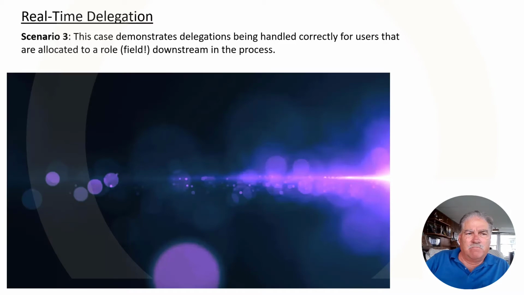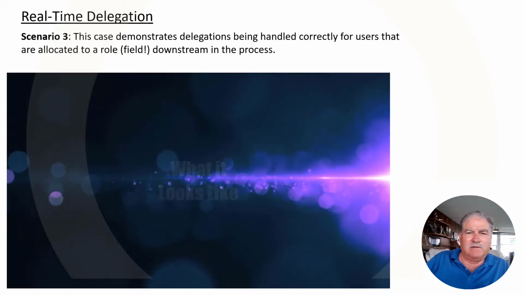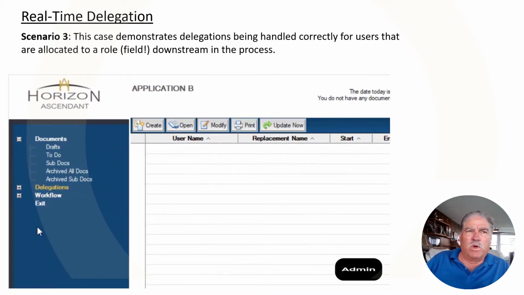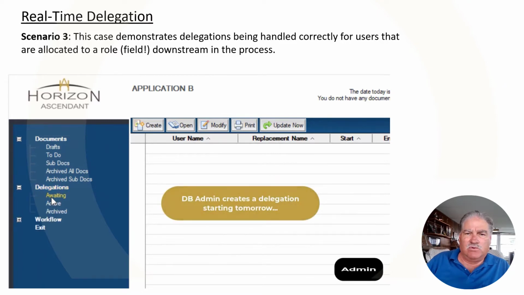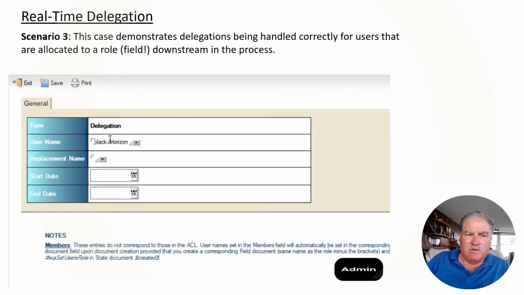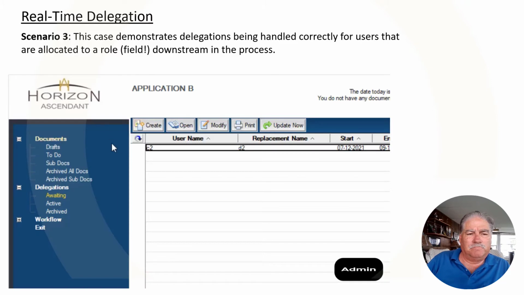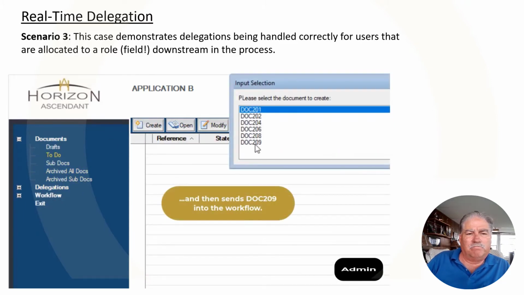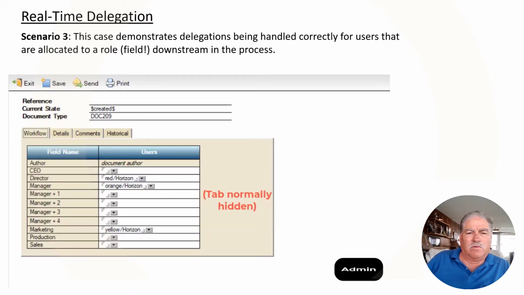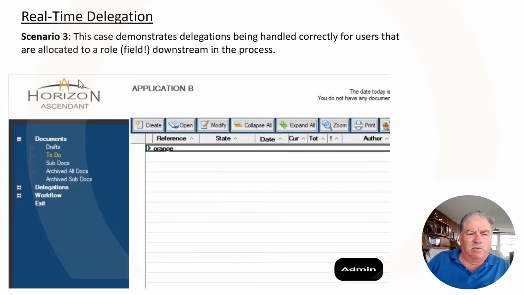In this third scenario, we'll be looking at delegation occurring when users are allocated to roles downstream in the process. So a little bit different, but a unique case. So these users will belong to the group sales.